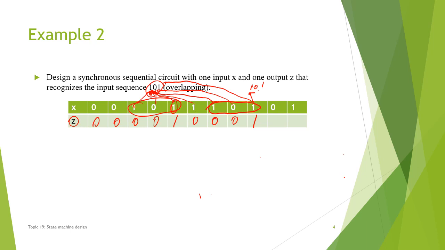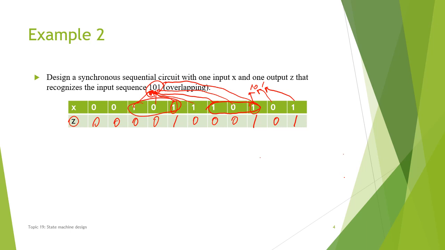Now we have another 0 here, which matches the second bit, and another 1 matches the third bit. So we have another output 1 here. Got the idea? So this is called overlapping. We can use the last bit of the previous detection as the first bit of the next detection. So that's called overlapping.